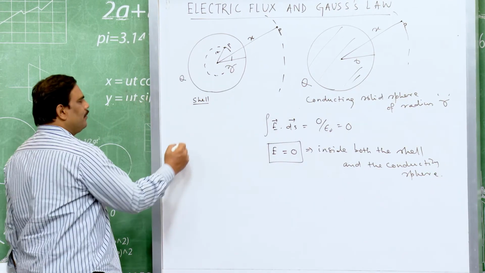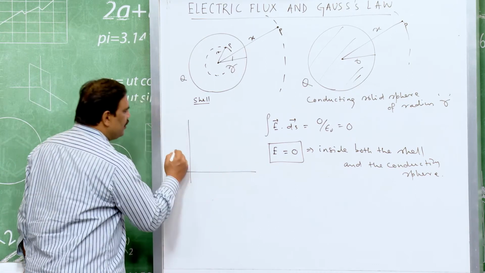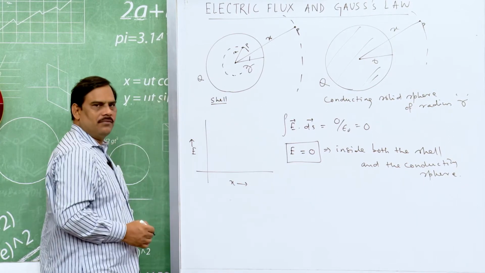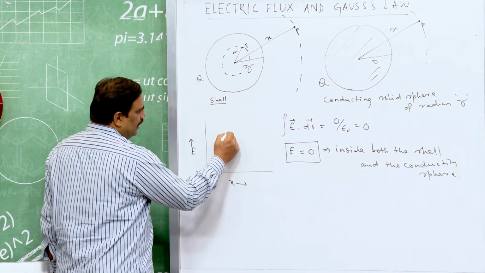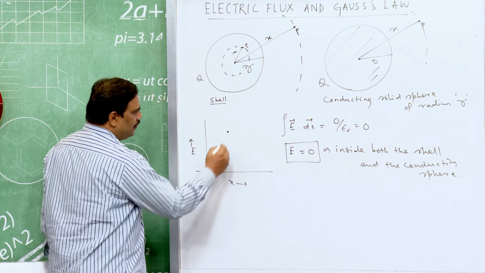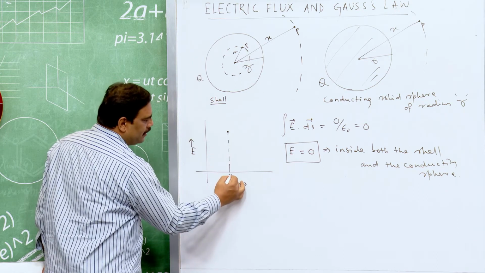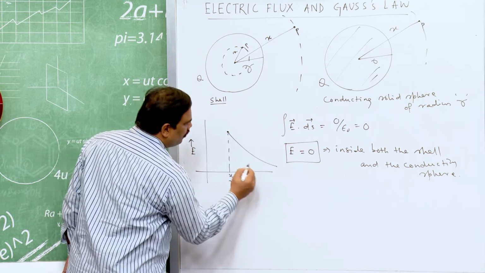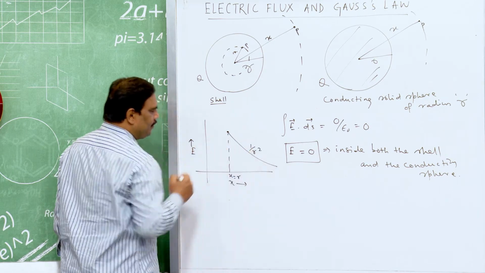Now, drawing the variation of electric field with distance, we get it is maximum when x is equal to r and it varies like 1 by r square.